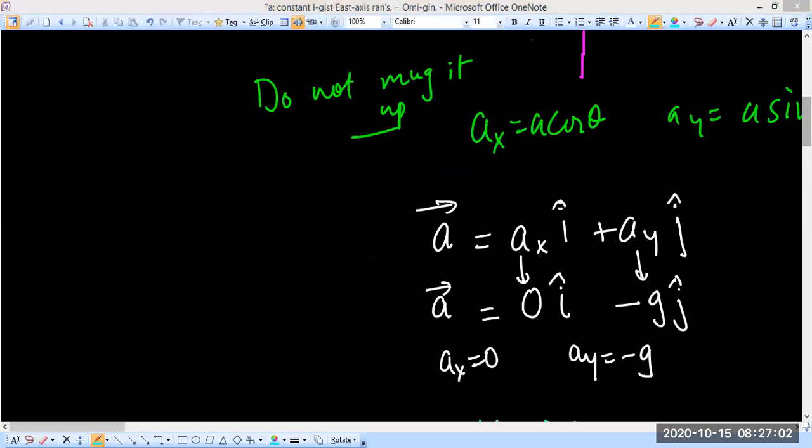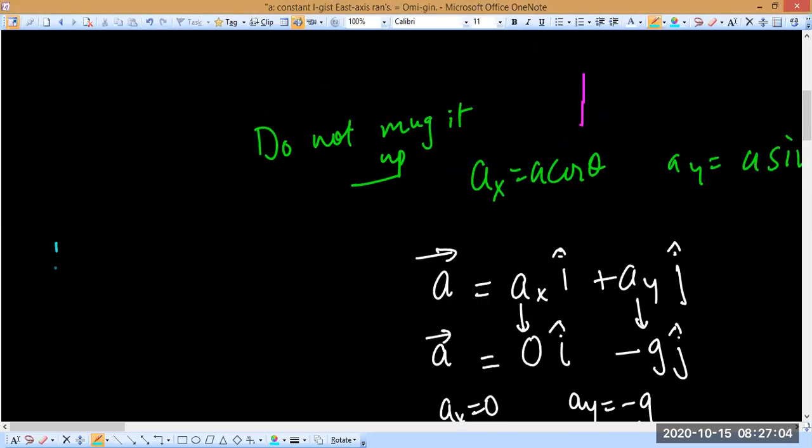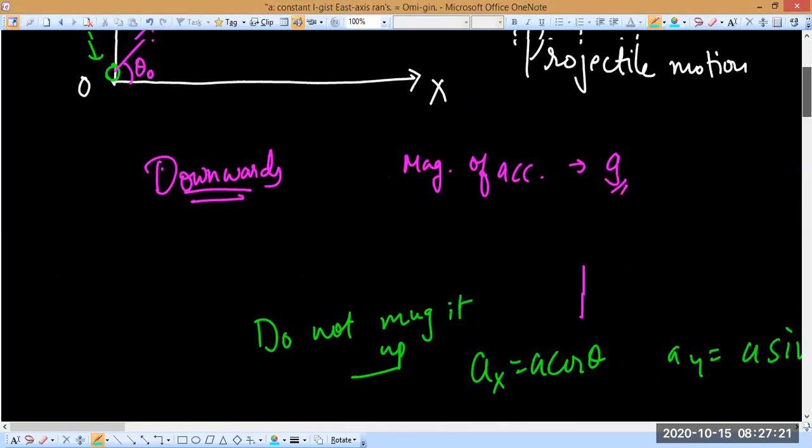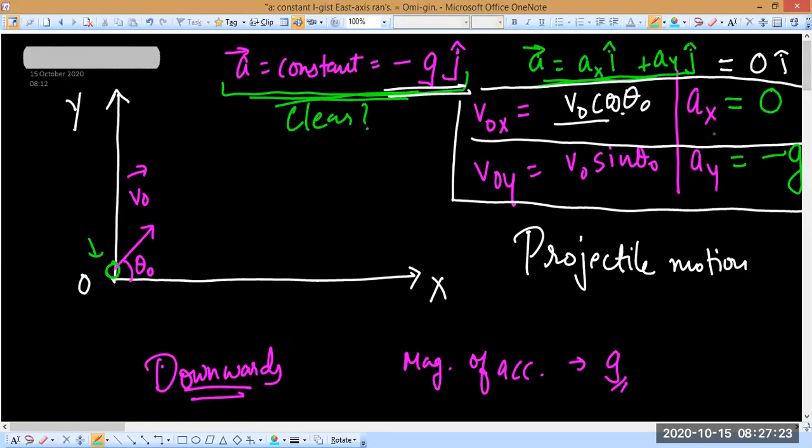Yes, nothing is independent in physics except motion on two axes, right? Motion on two axes is independent. Okay, બાકી કઈ independent ન હોય. Right, so keep these values in mind and let's do our calculations.